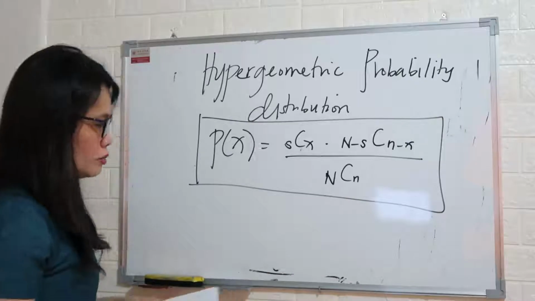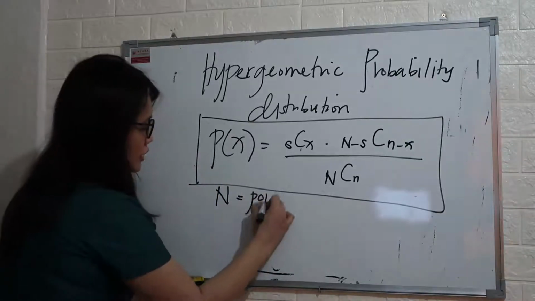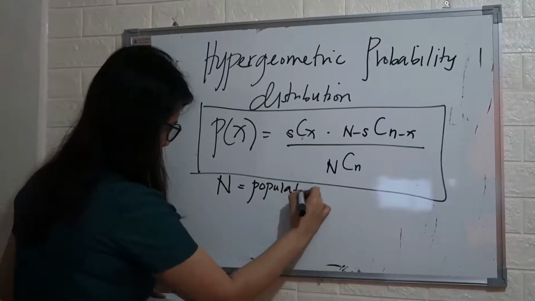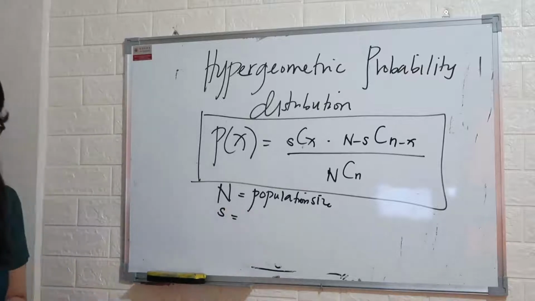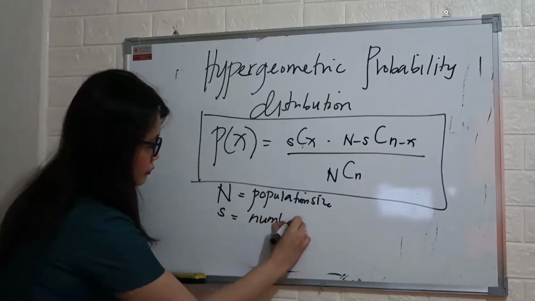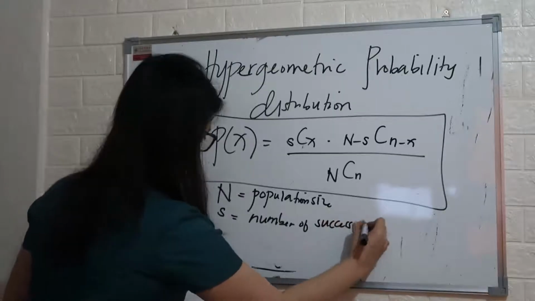Okay? So what do you mean by the variables? Capital N pertaining to population size. Capital S pertaining to number of successes in the population.